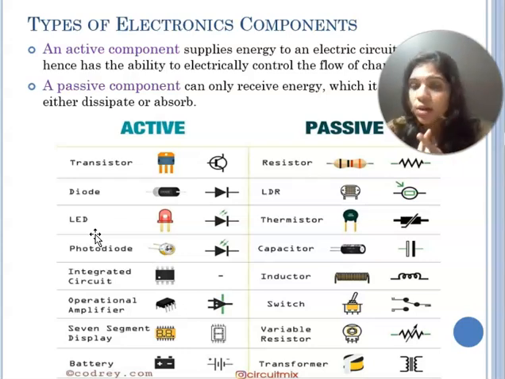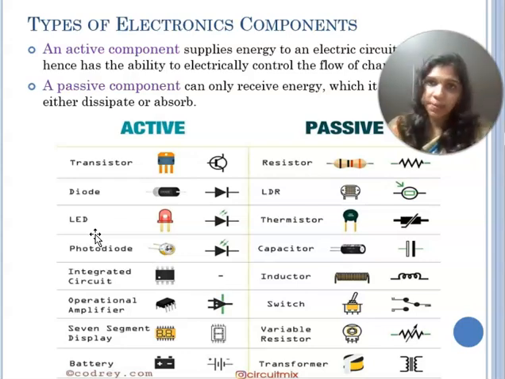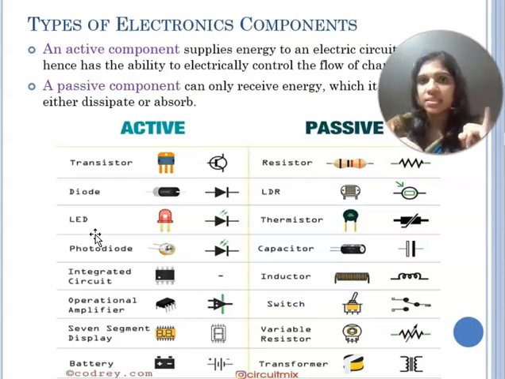It is not an energy source, but it can receive energy, and it will either dissipate it or absorb it. That is a passive component. So an active component will always generate the electricity, whereas a passive component can only receive the energy.